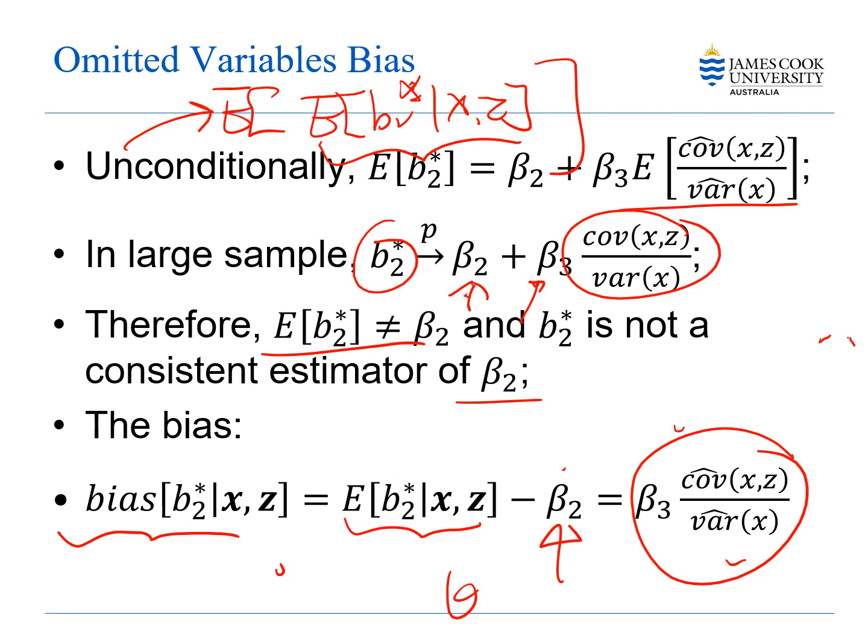Okay, so now I hope you see what we mean by omitted variable bias. We omitted an important variable z that affects y. So our estimate of the coefficient on x picks up not just the causal effect of x on y, but also the additional confounding effect that operates through its correlation with z, which we omitted.